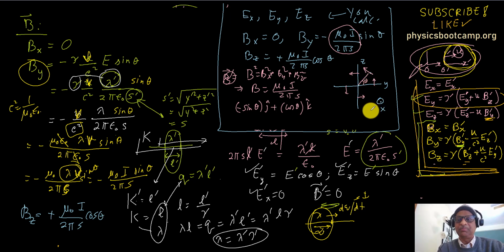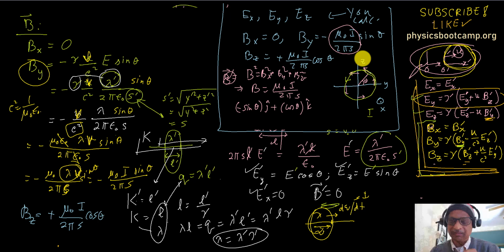If the current is coming along the x-axis, then the magnetic field will circulate like that. And I want you to appreciate that this magnetic field came just from thinking about those charges drifting, not drifting in one frame, but drifting in another frame.